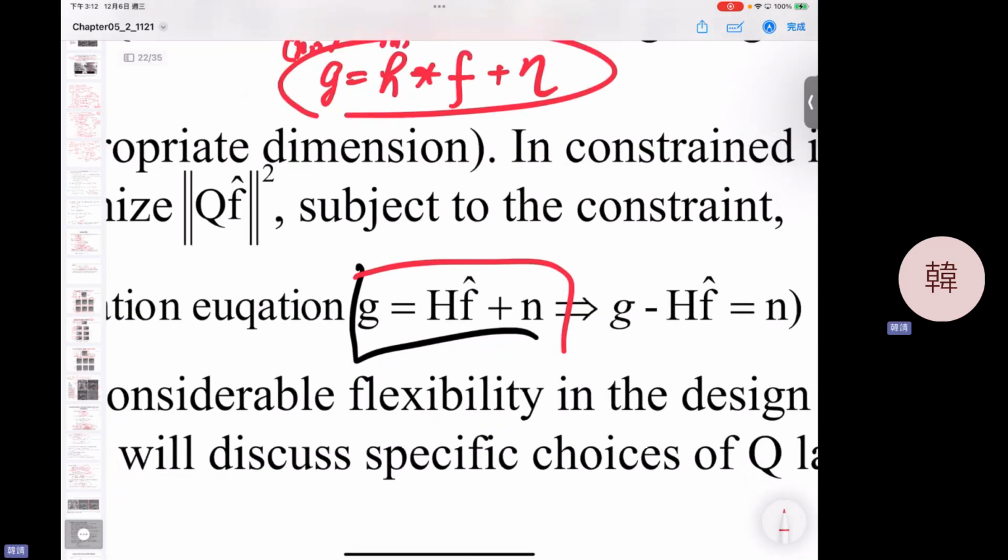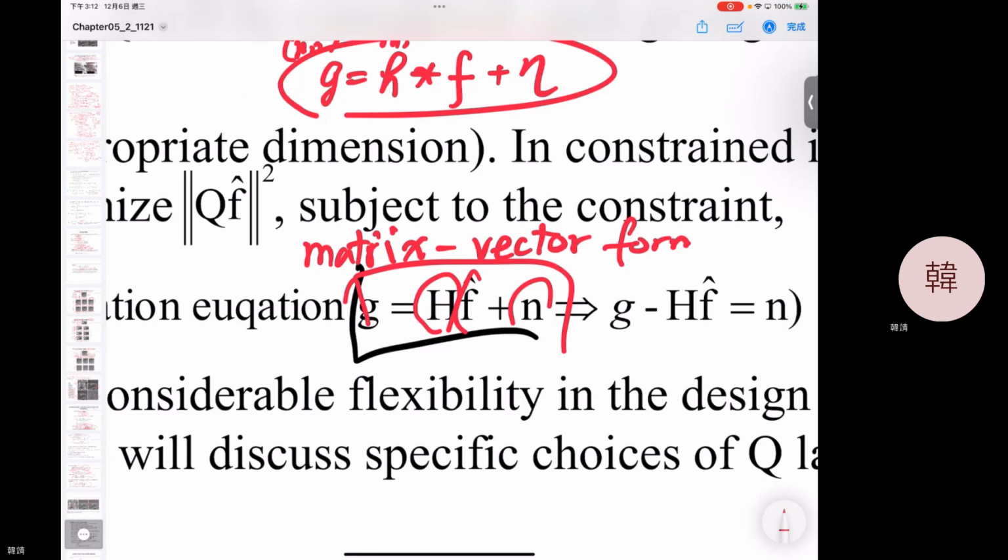But if later on you look at this kind of matrix-vector form in two dimensions, F is a single vector, G is a vector, and N is also a vector, taking some noise also.